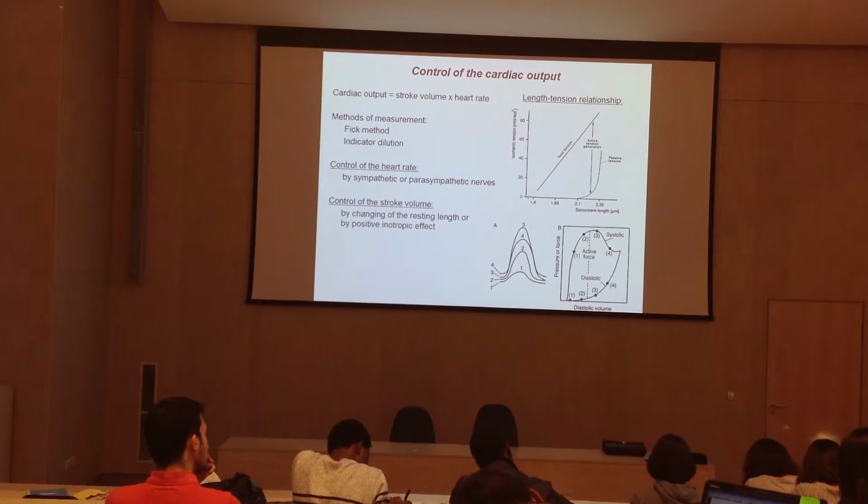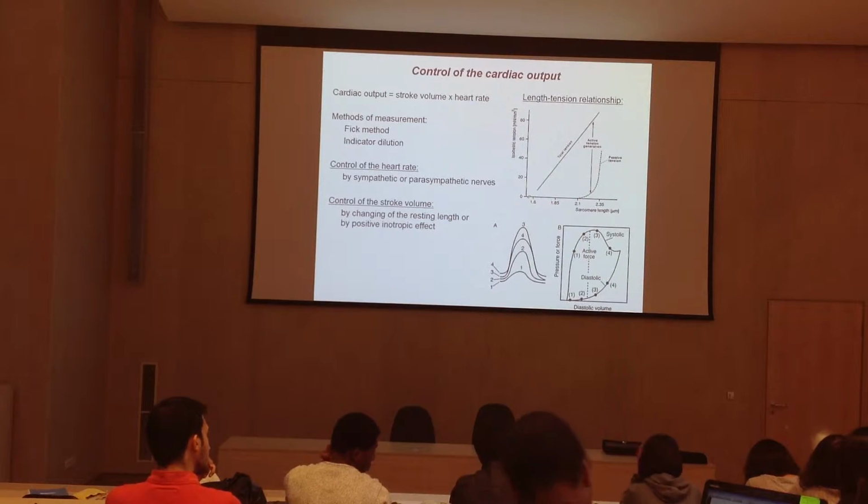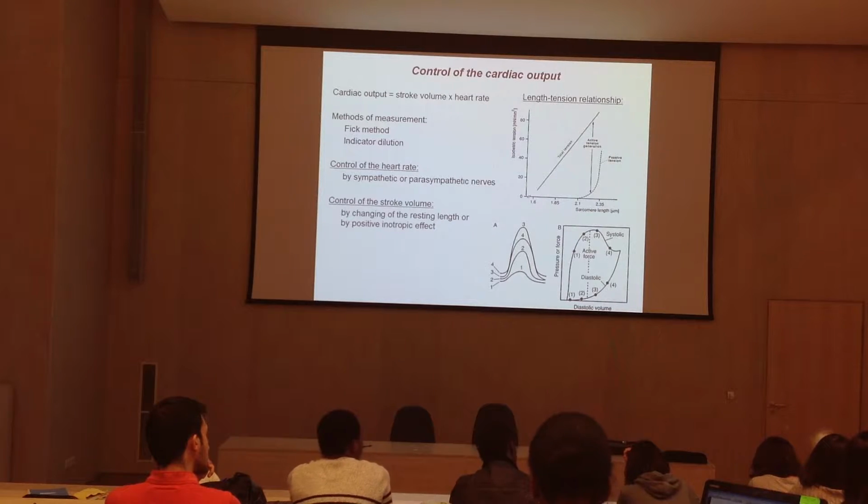Therefore, if we evoke contractile responses at different diastolic volumes, at different filling volumes, the contractile responses will be larger and larger. The results of this experiment can be shown here.